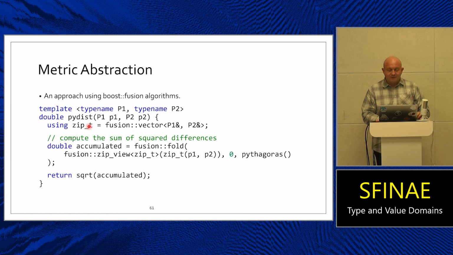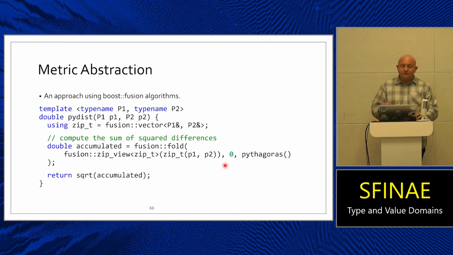That's our zip-t. And then we call fusion fold on a fusion zip view of that vector. And we start with 0 and use a small functor, Pythagoras, to accumulate the square differences. This fold takes this functor and this initial value.